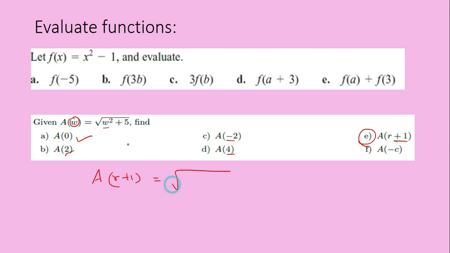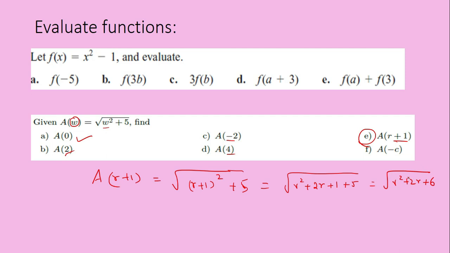So under the square root, w squared is replaced by r plus 1 squared, and write the plus 5. When you simplify, under the square root you get r squared plus 2 times 1 r, plus 1 squared is 1, plus 5. Simplifying further, it is r squared plus 2r plus 6.